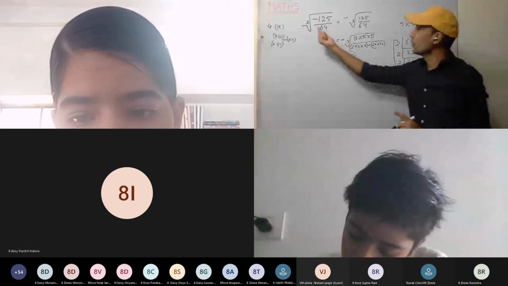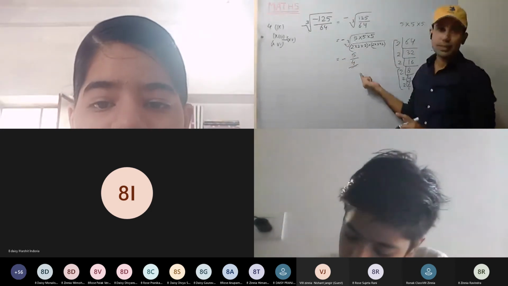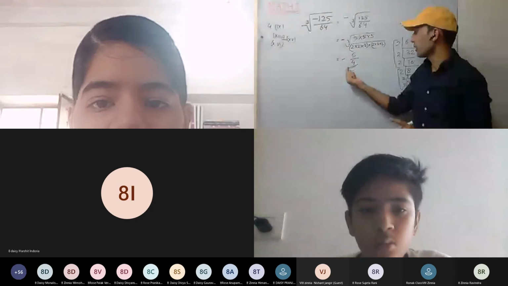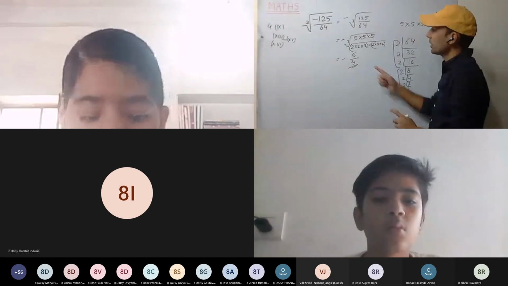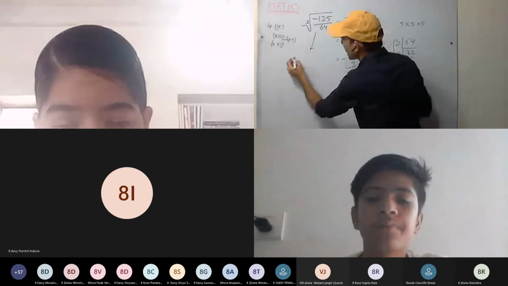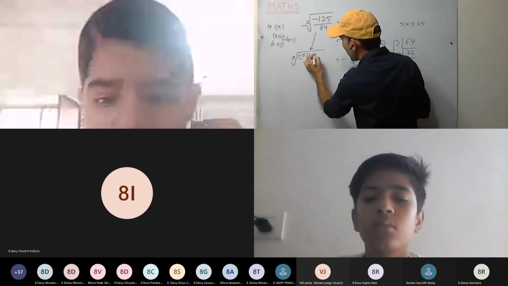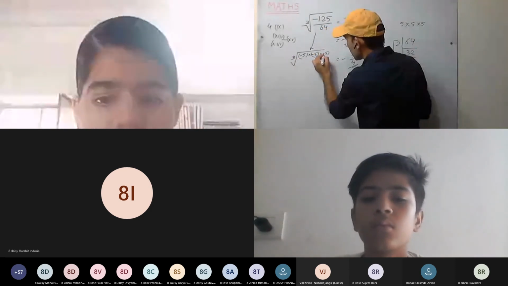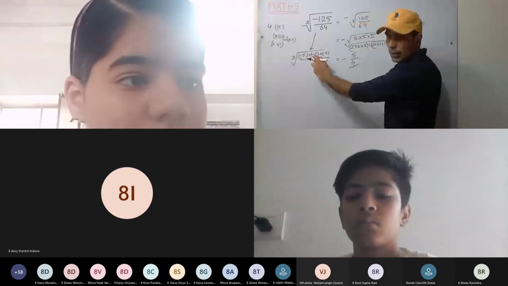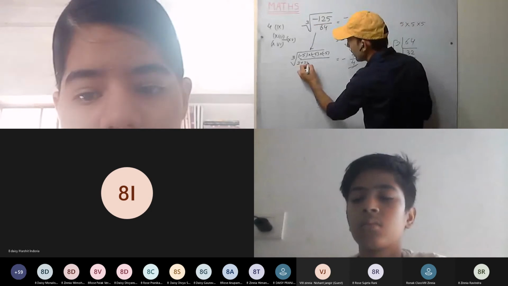So always remember, the cube root of a negative number is negative. The cube of a negative number is negative. This we always have to remember. Here as well, if you don't want to, you can write it like this: cube root of minus 5 into minus 5 into minus 5. Minus minus plus, plus into minus minus.